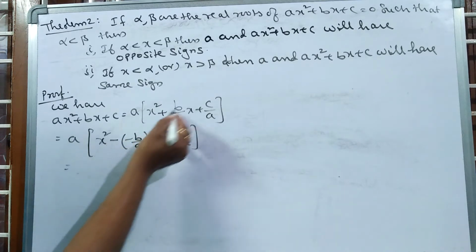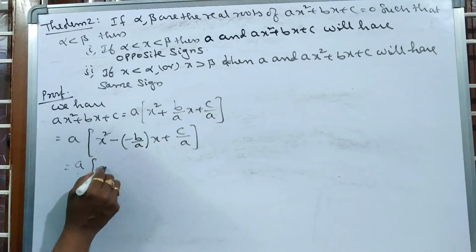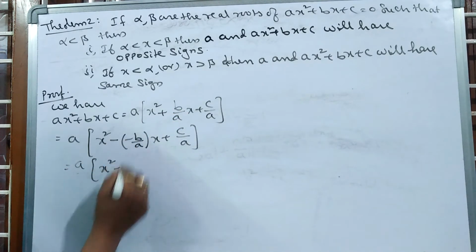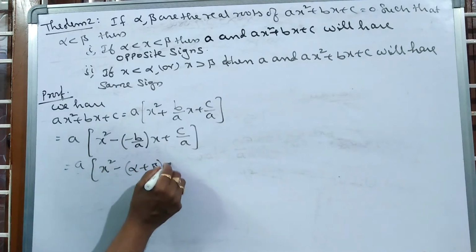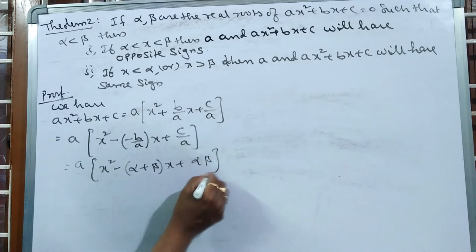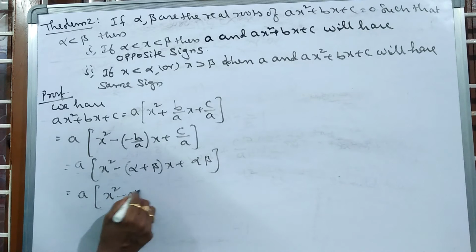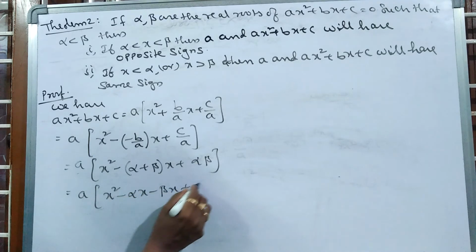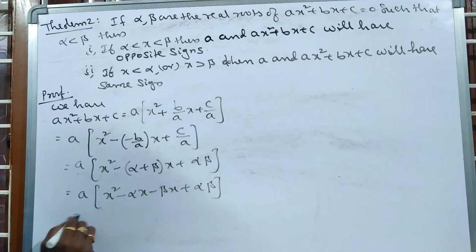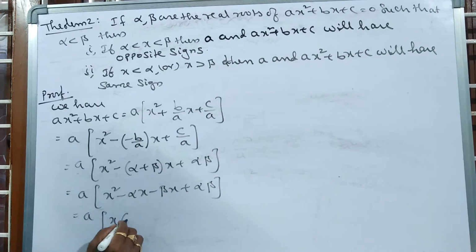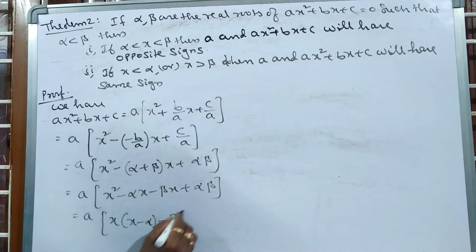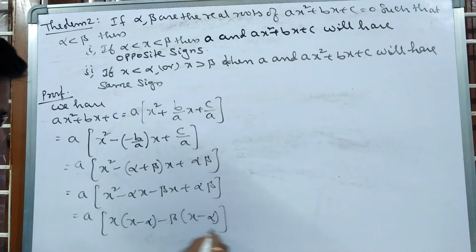Now minus into minus will become plus. A into x square, minus b by a is alpha plus beta, the sum of the roots, alpha plus beta into x plus alpha beta. This can be written as a into x square minus alpha x minus beta x plus alpha beta. That means a into x minus alpha into x minus beta.